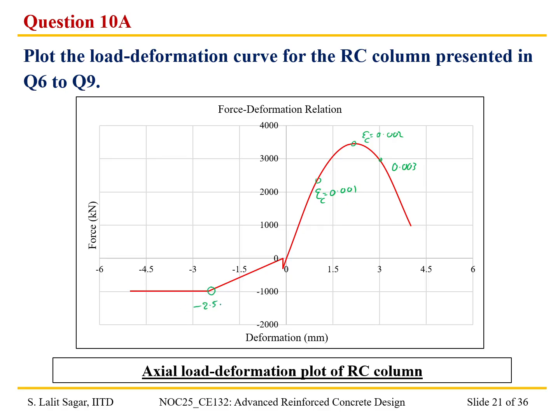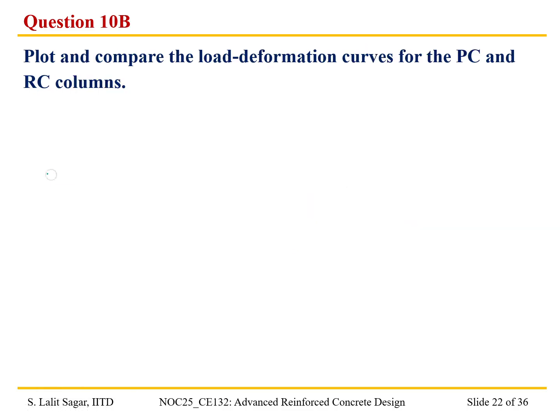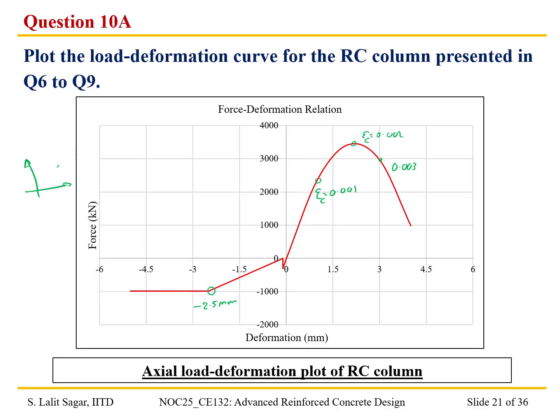Okay, so up to this point, the stress in the rebar keeps on increasing, right? And once the stress reaches this point, the force plateaus. Similarly, the force becomes a horizontal line.